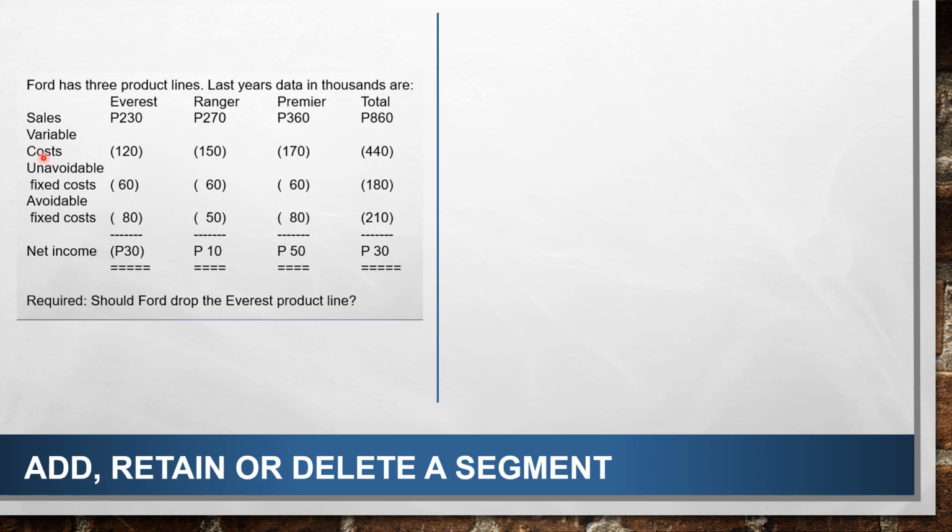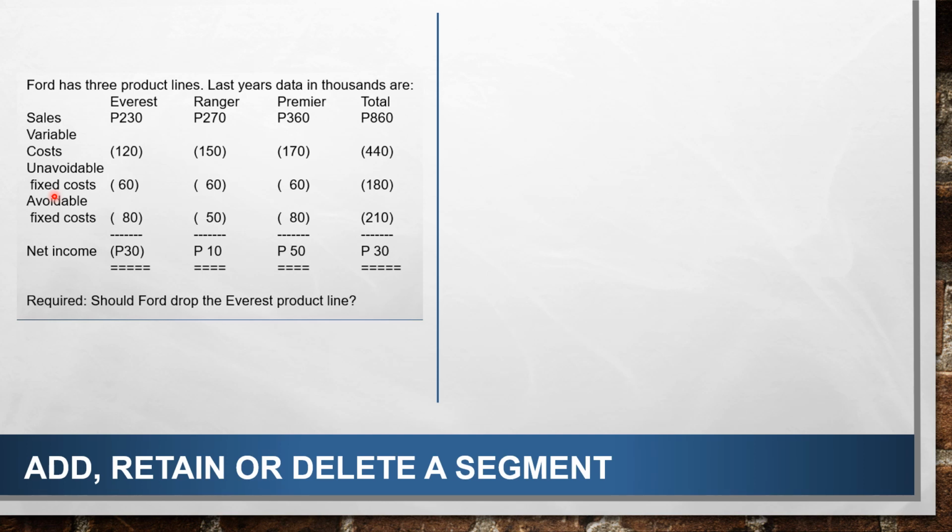We know from the concepts learned in responsibility accounting that the allocated or unavoidable fixed cost can distort the keep or drop decision of the manager.